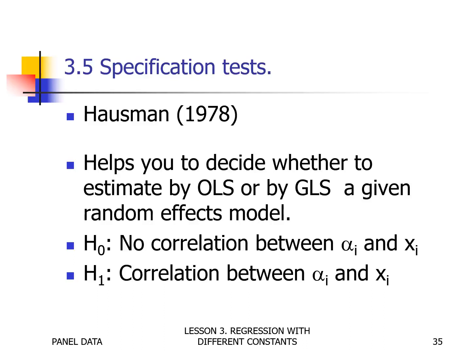He's a very nice person and very smart, and Hausman wants to help you a little bit to decide whether to estimate by OLS or GLS a random effects model.